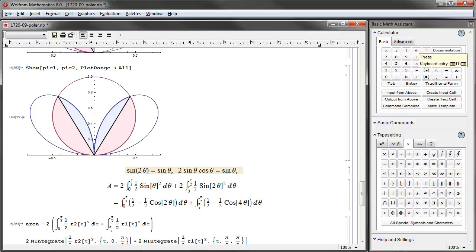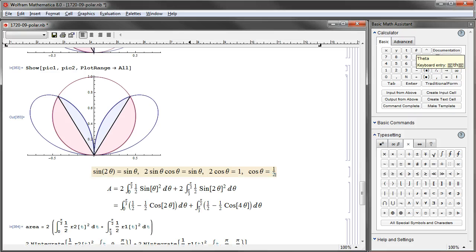So after simplification, what do you get? 2 cosine of theta is equal to 1. Great. Cosine of theta has to be 1/2. And what kind of angle do we get? Theta has to be pi over 3 or 2 pi over 3.